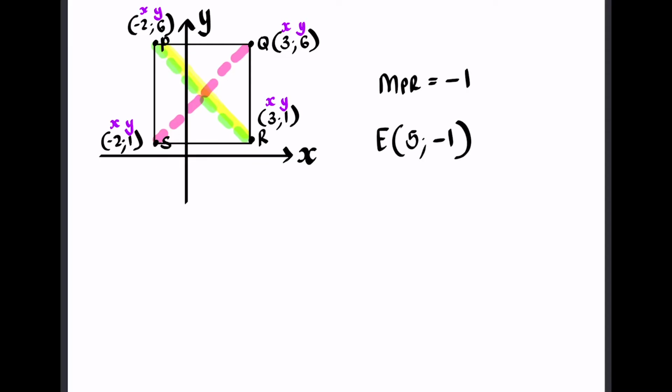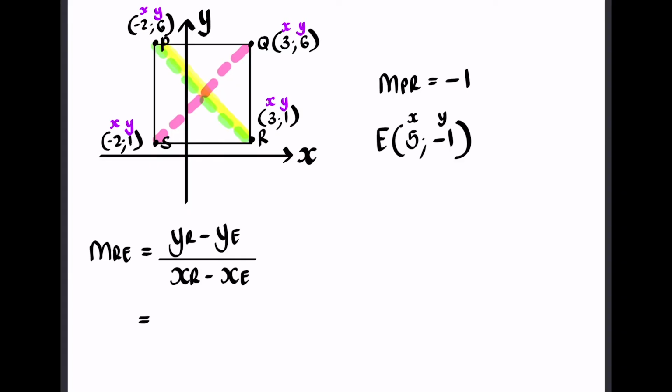So now we have the coordinates of R, we have the coordinates of E, which means we can calculate the gradient of RE to see if it's the same as the gradient of PR. So this is my X and this is my Y. So the gradient of RE will equal the change in Y, so the Y of R minus the Y of E, over the change in X, which is the X of R minus the X of E. So the Y of R is 1 minus the Y of E, which is negative 1, over the X of R, which is 3, minus the X of E, which is 5.